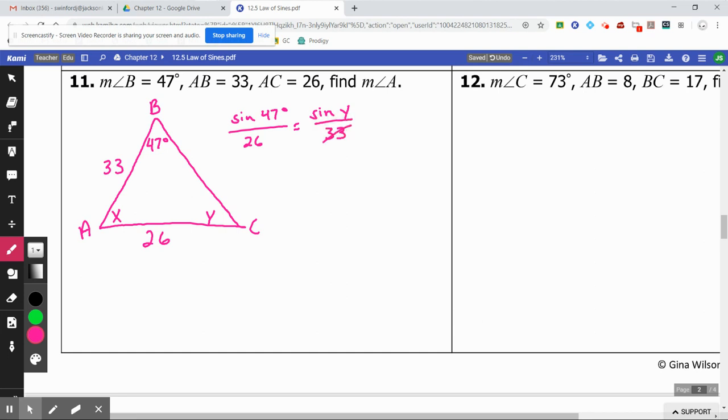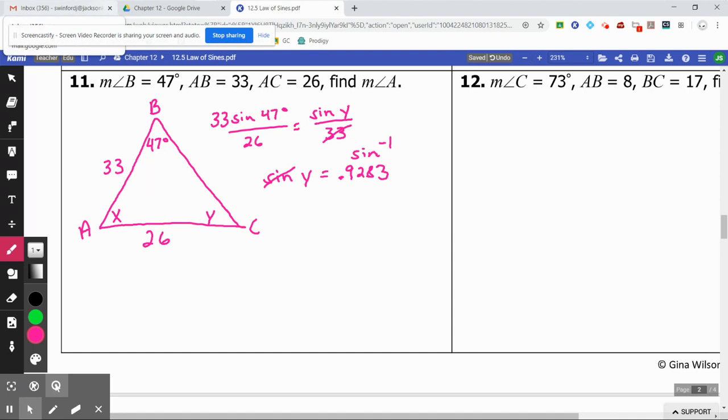Move the 33 over by multiplying. So I have the sine of y would have to equal 33 times sine of 47 divided by 26, which is about 0.9283. To get rid of sine, we're going to do the inverse sine of 0.9283.